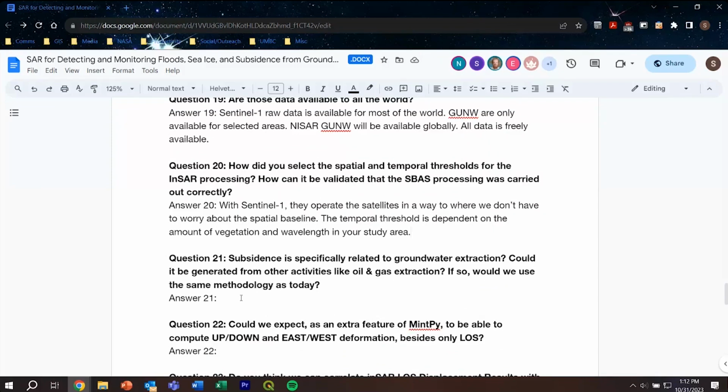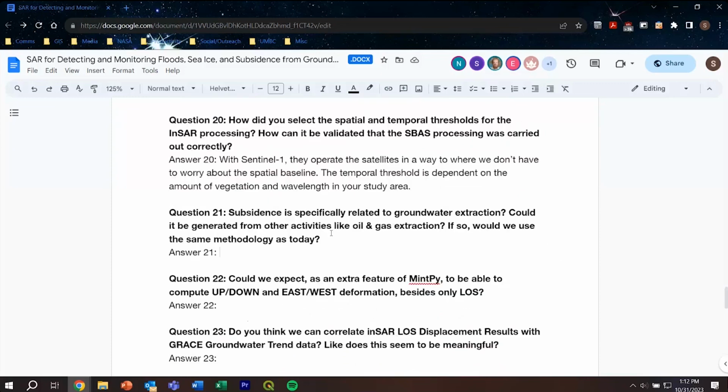Okay. Question number 21. Interesting question here. Is subsidence specifically related to groundwater extraction, or could it be generated from other activities such as oil and gas extraction? And if so, can we use the same methodology that was presented today? Yes, we could use exactly the same methodology to measure subsidence due to other causes.